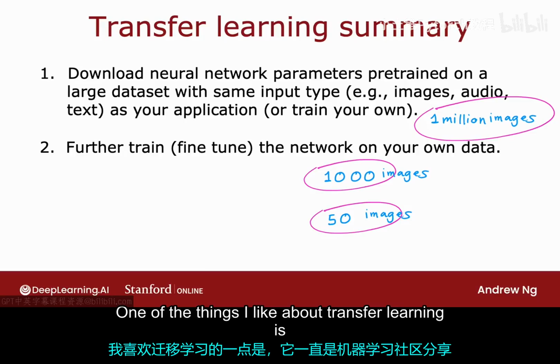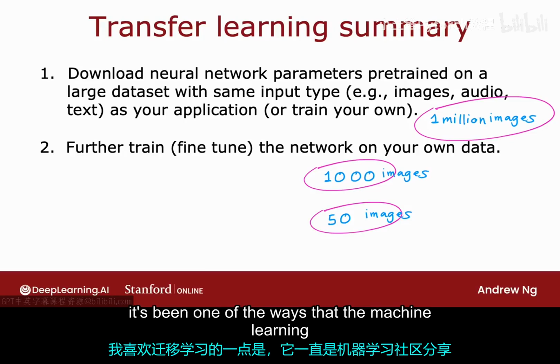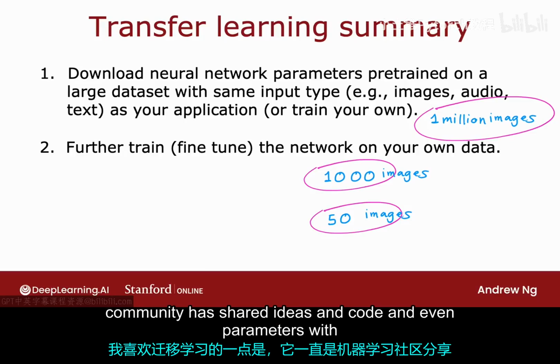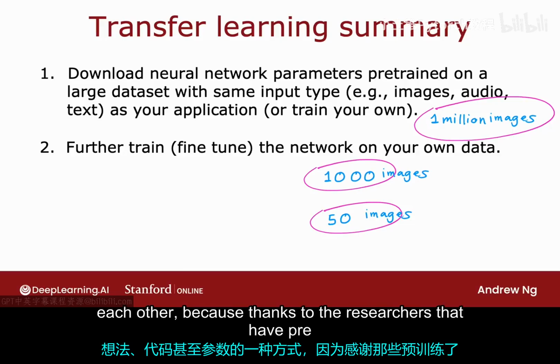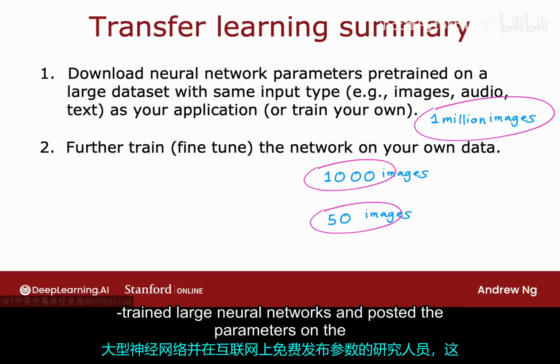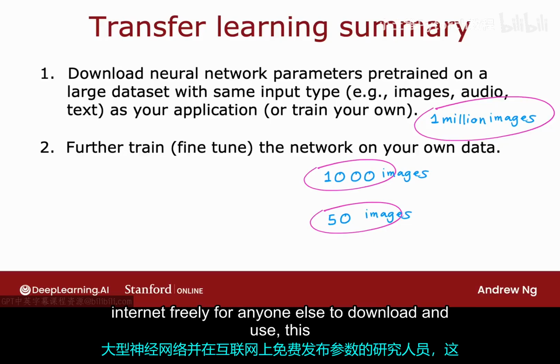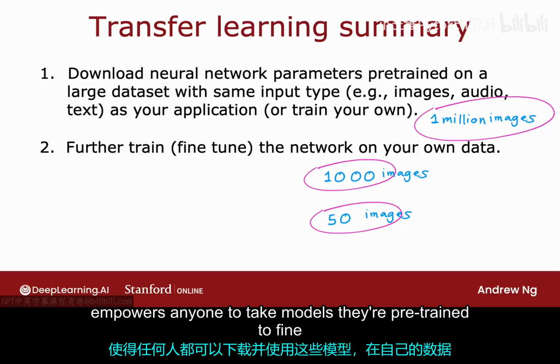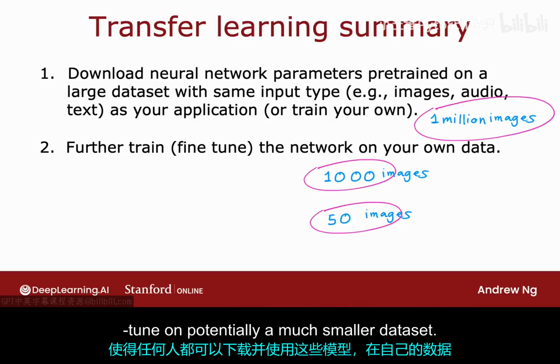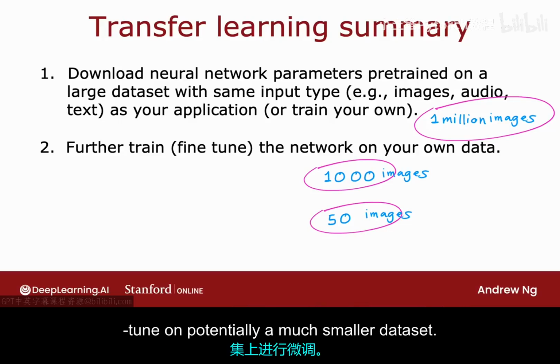One of the things I like about transfer learning is it's been one of the ways that the machine learning community has shared ideas and code and even parameters with each other. Because thanks to the researchers that have pre-trained large neural networks and posted the parameters on the internet freely for anyone else to download and use, this empowers anyone to take models they're pre-trained to fine-tune on potentially a much smaller data set.